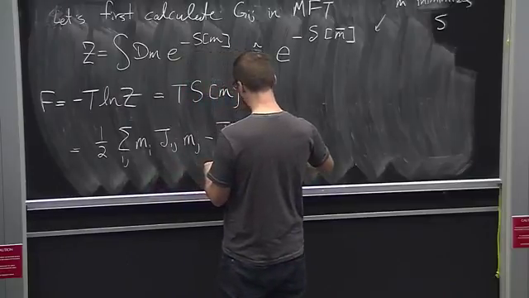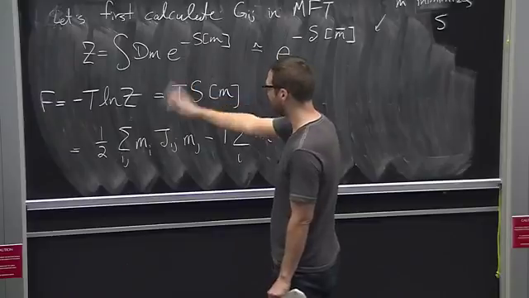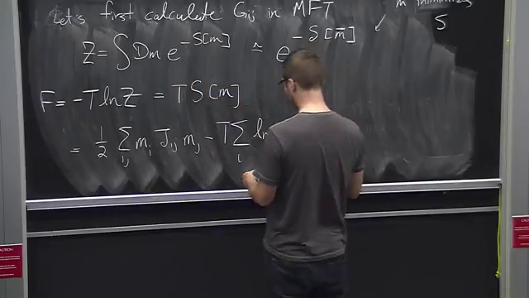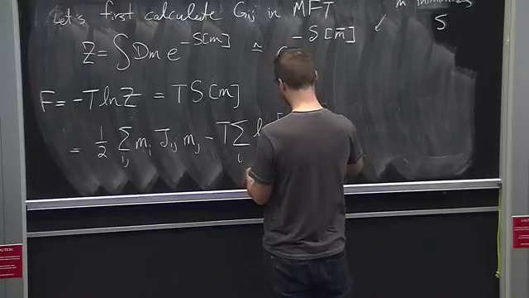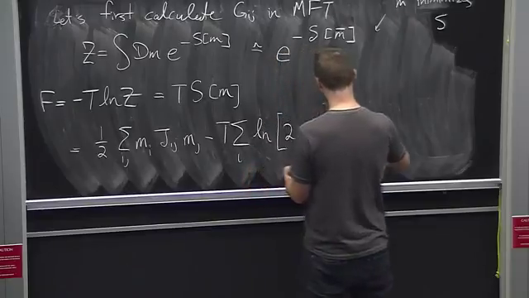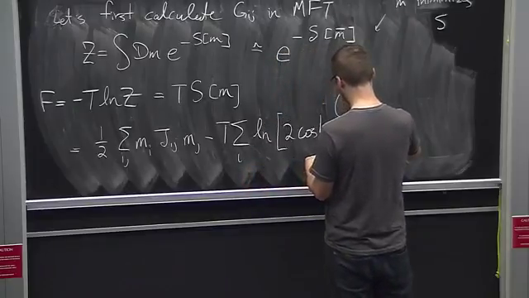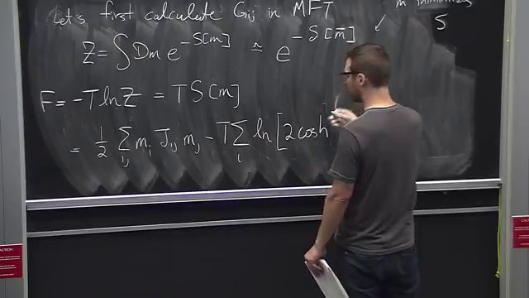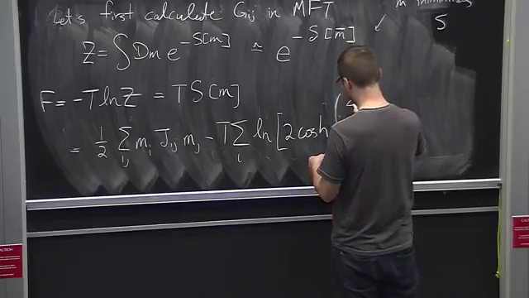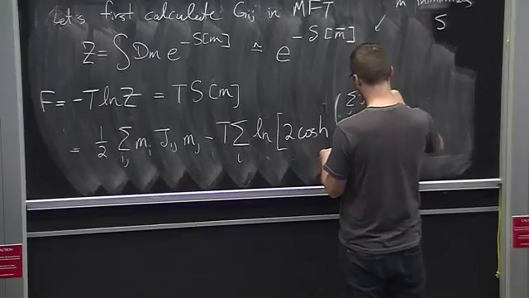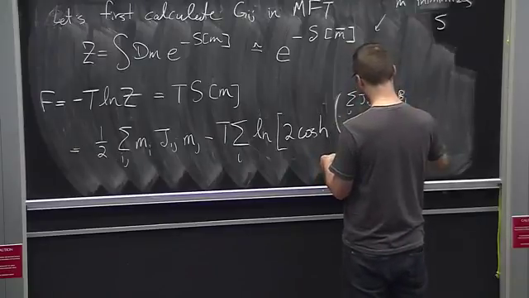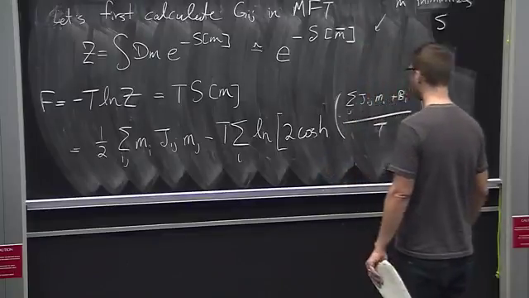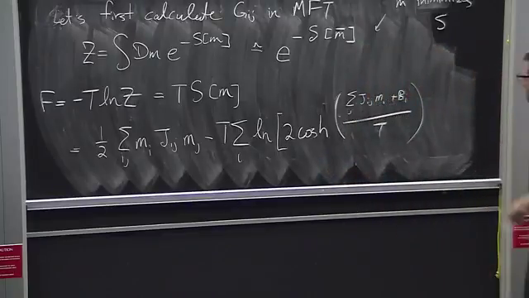And remember, mean field theory just means getting rid of the integration. That's why I can write it like that. And I'm going to write this as, let's see. I've changed the m variable, so I need a sum Jij. Okay.